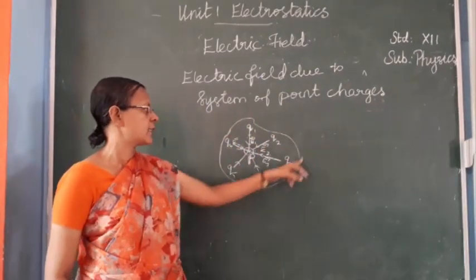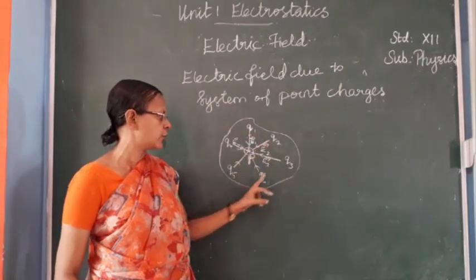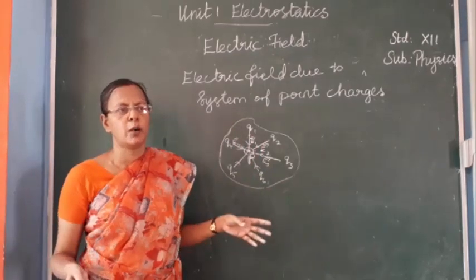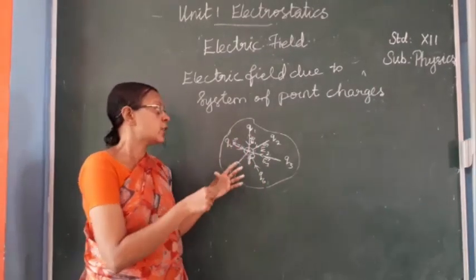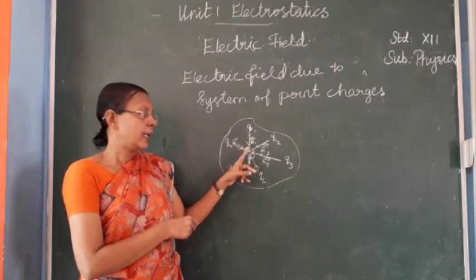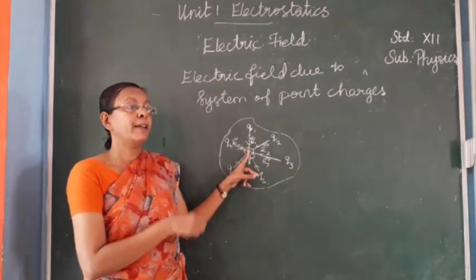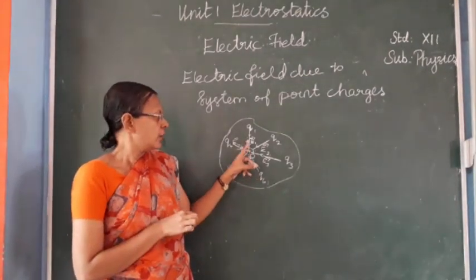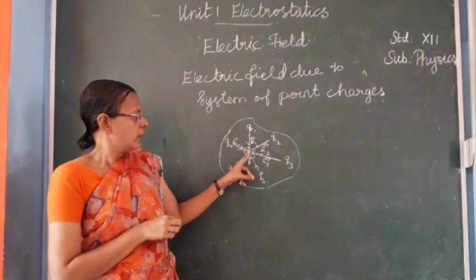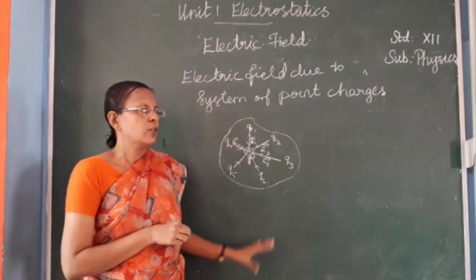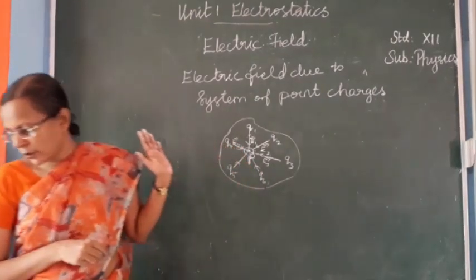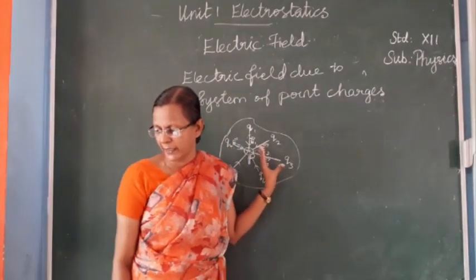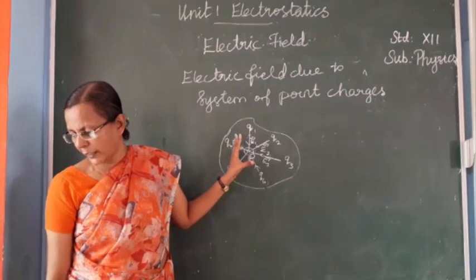These are the system of point charges, different point charges Q1, Q2, Q3, Q4, Q5, and a lot of point charges are there. All the charges are exerting an electric field upon this point P. The total electric field is the vector sum of the electric fields created by the individual point charges.